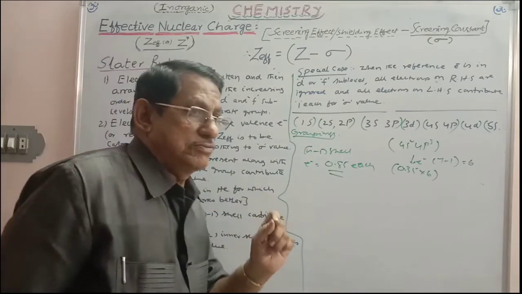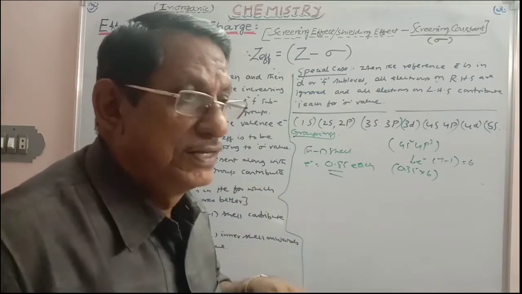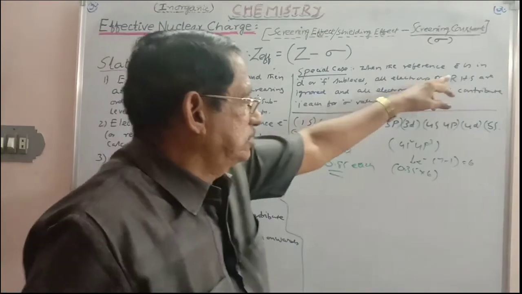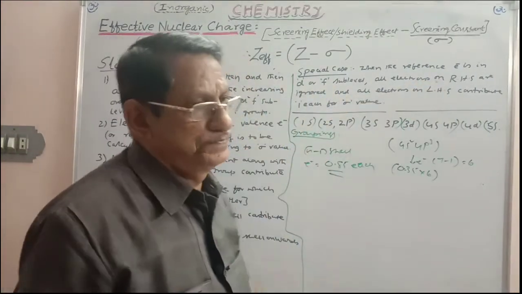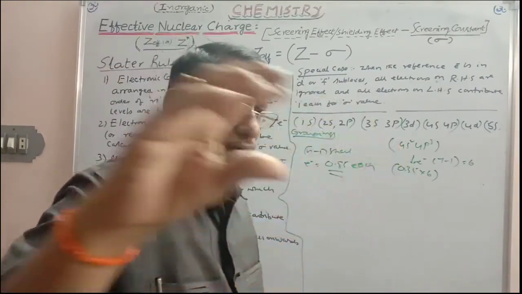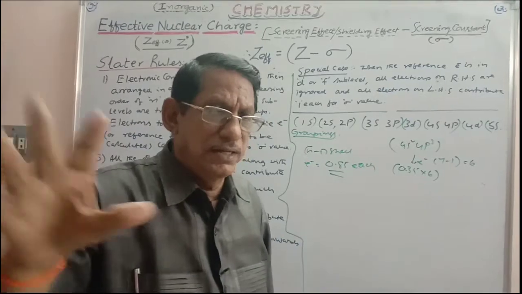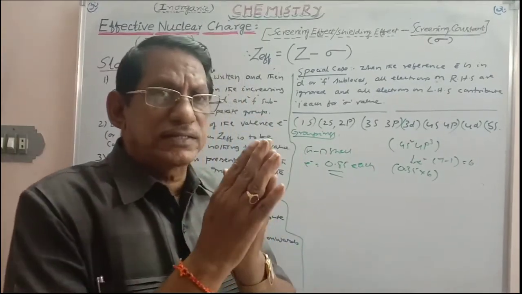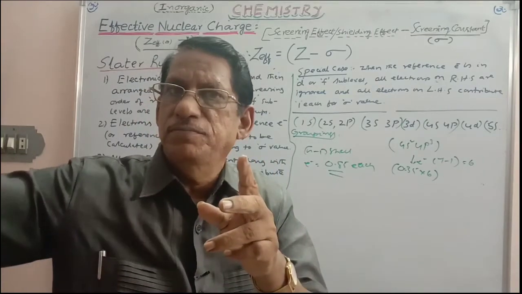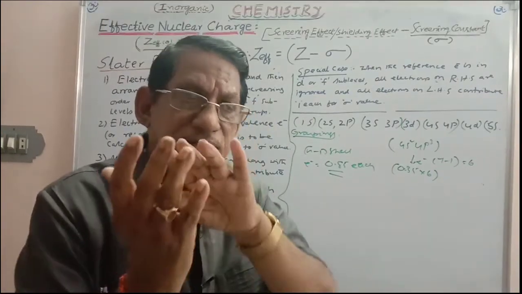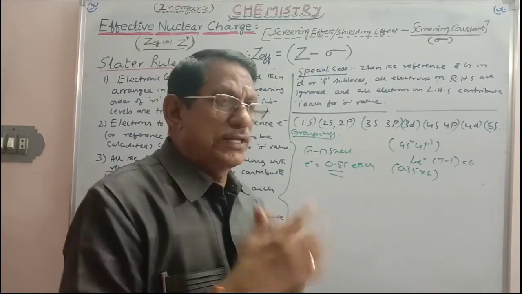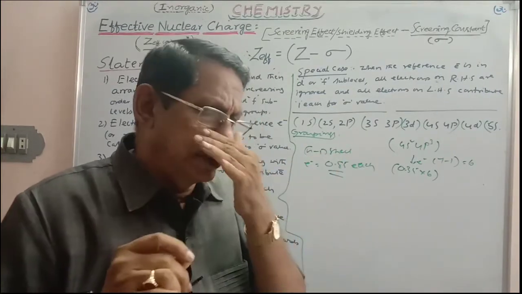And a special case: whenever the reference electron on which the shielding effect is to be calculated belongs to the D sublevel or F sublevel. Write the electron groups as they are and write the groupings there. Whatever electrons are present on the right hand side of the reference electron in the D and F, all those electrons are completely ignored. And whatever electrons are present prior to that, inner core electrons, each electron contributes 1 each.